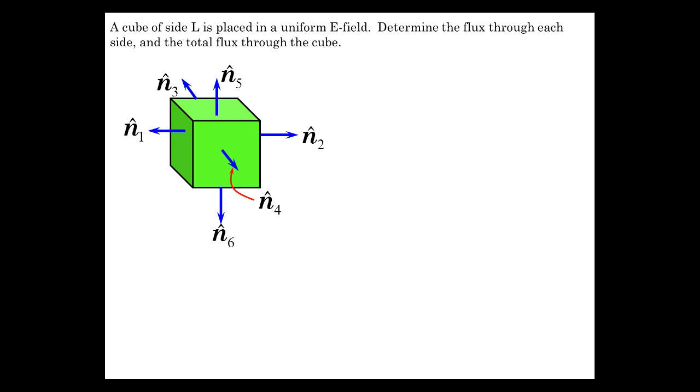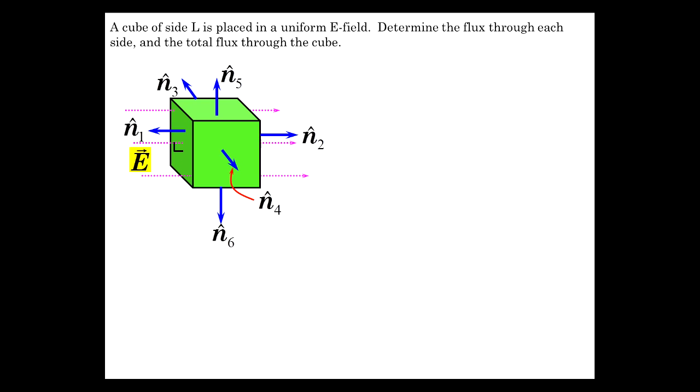Okay, before moving on, let's do a quick example utilizing this new concept of total flux through a surface. We've got a cube, and we have all these normal vectors coming off the various sides. It's in a uniform E field, which is perpendicular to the left face of the cube.